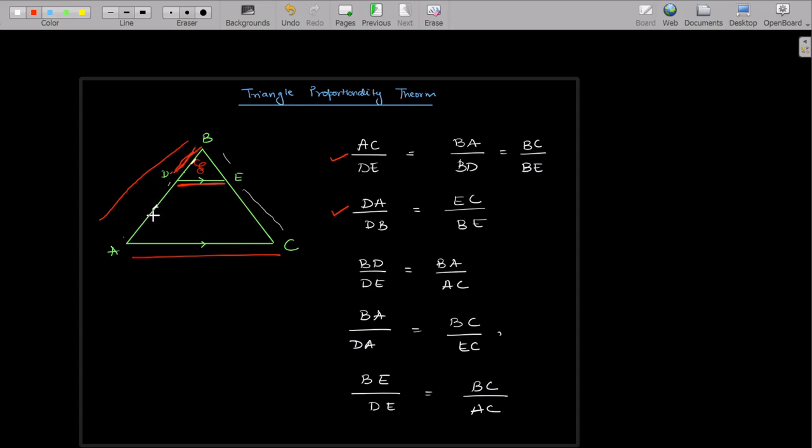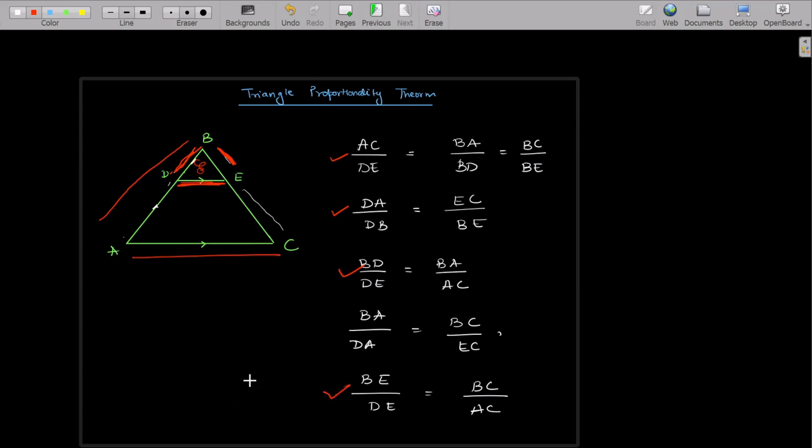So this one is done, and in this one, the final one, we are taking BE over DE. Now we are taking the other two sides, so this side and this side, over the bigger side and the bigger side. So two shorter sides and two bigger sides.